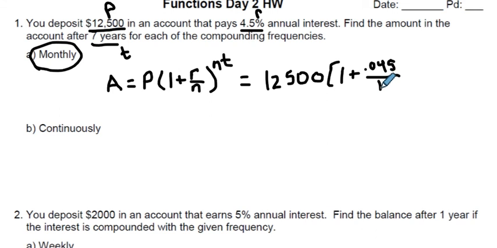So 12 would go here, then close parentheses, and into the power of N times T, which would be 12 times 7. I forget what the actual answer for that is, but monthly and continuously are really close, actually.